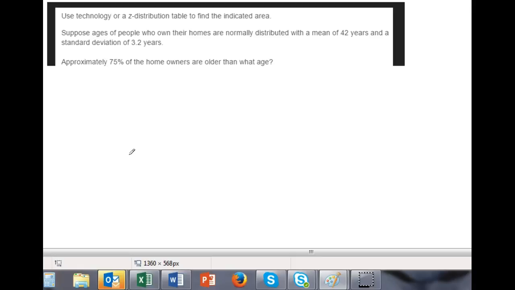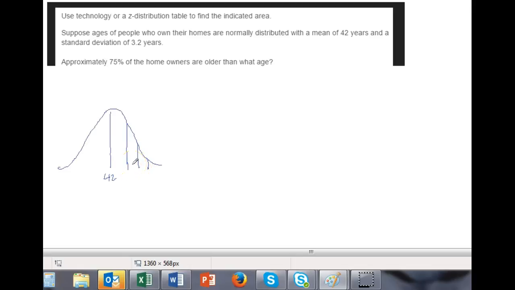Let's first just draw our normal distribution curve, and we know that there's a line right in the middle. It's not very well in the middle, but it's good enough. That is the mean, which in this case is 42, and then we have these equally spaced lines that are equal distances apart.